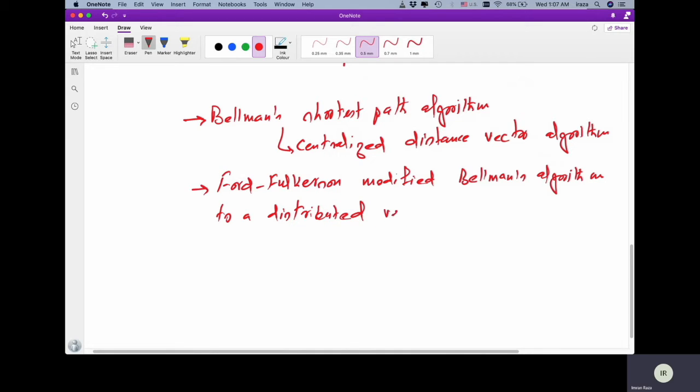And by the way, this distributed version is also known as the Bellman-Ford algorithm, which we'll cover in a minute.